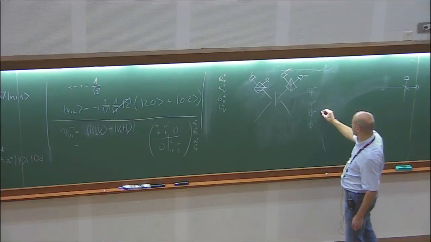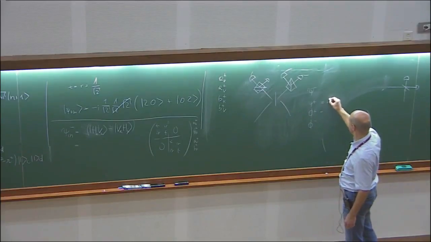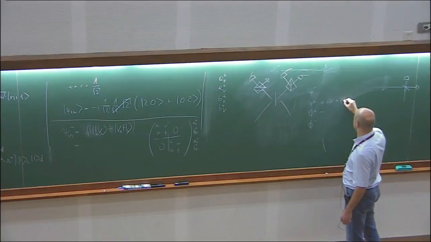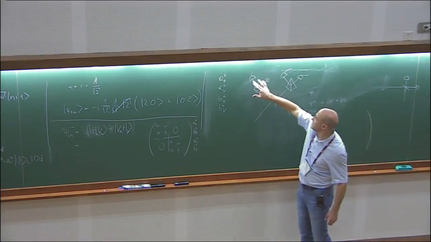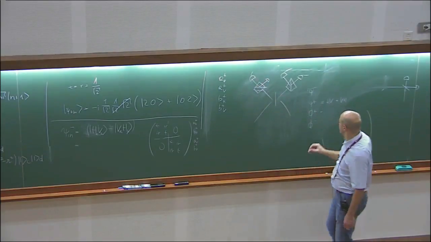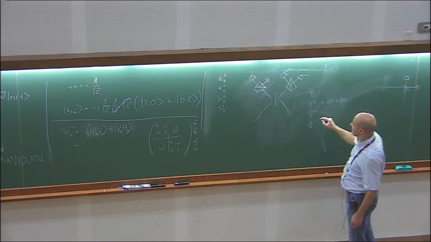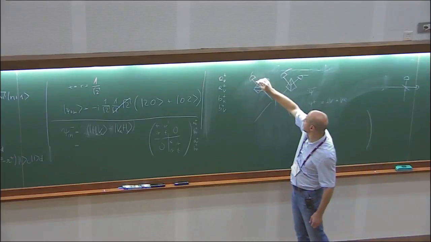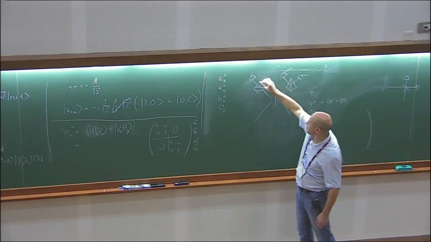And in the case where I have HV plus VH, I still get one photon here, one photon there. The other ones, I get two H photons here or two V photons here.